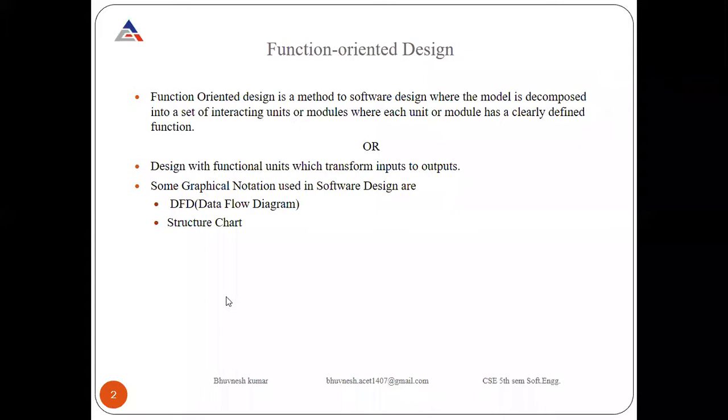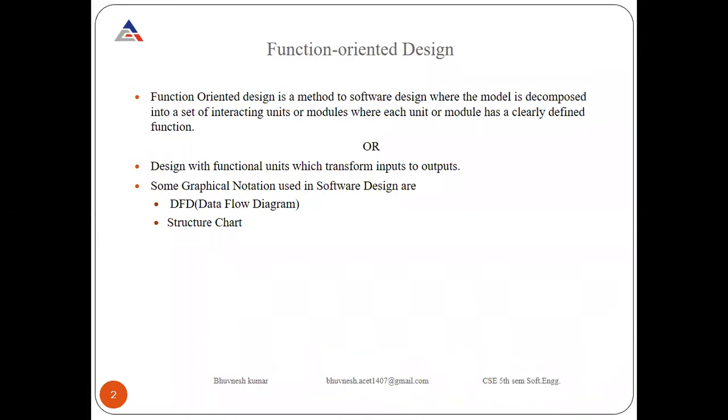First of all, the definition: function oriented design is a method of software design where the design model is decomposed into a set of interacting units or modules, where each unit or module has a clearly defined function. Functions are your processes.